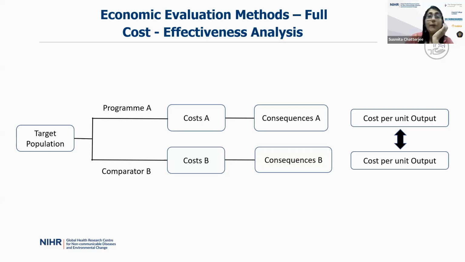Ideally, what should be my output in this case? When I say cost per unit of output, what should that output be? In the chat, please. Any idea what would be my output? What was the consequence for?